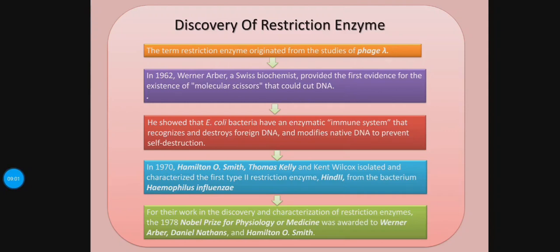And for their work in the discovery and characterization of restriction enzymes, in 1978 Werner Arber, Daniel Nathans, and Hamilton Smith were awarded the Nobel Prize in Physiology or Medicine.